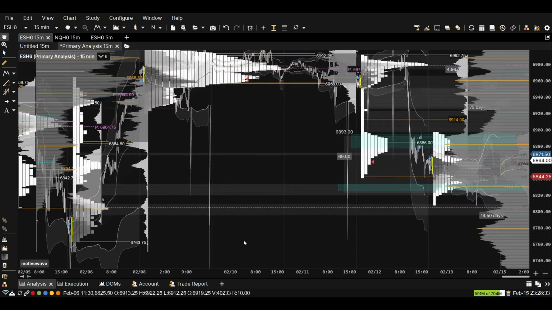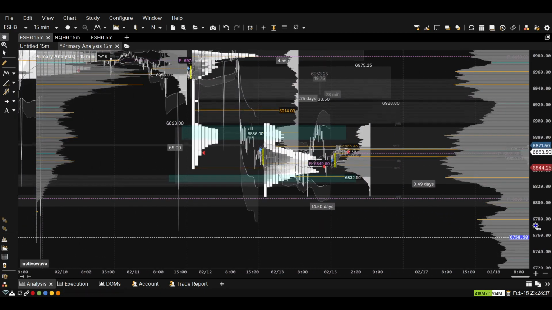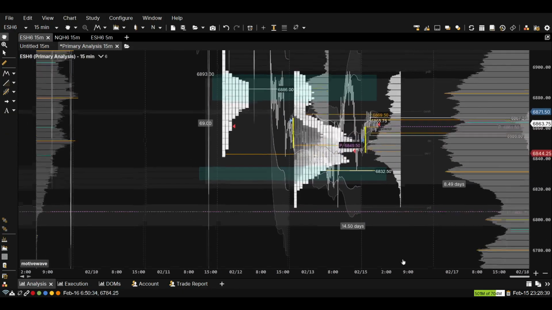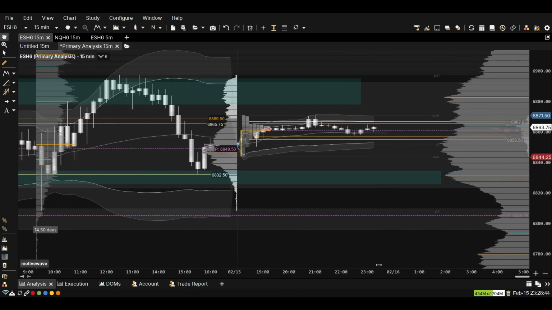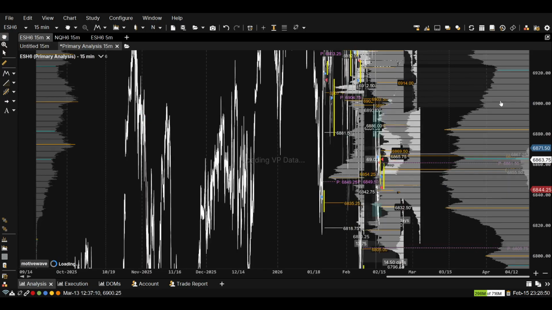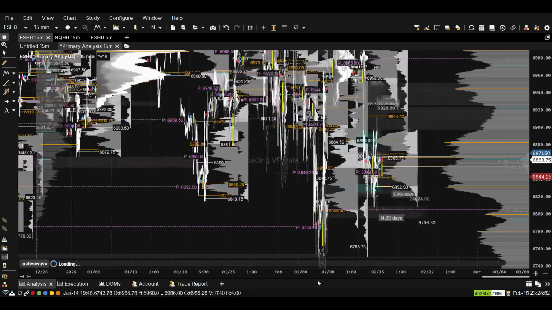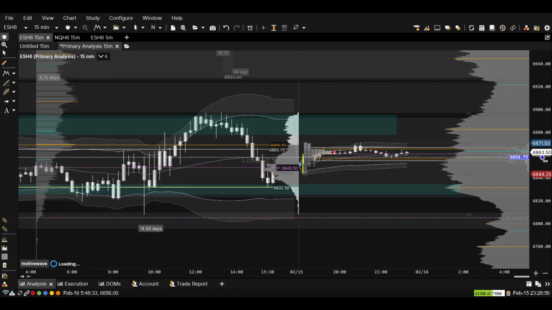So this area is very important to take into consideration for the next movements. It's like a naked high volume node. And we have something here, a low volume node in the composite volume profile.